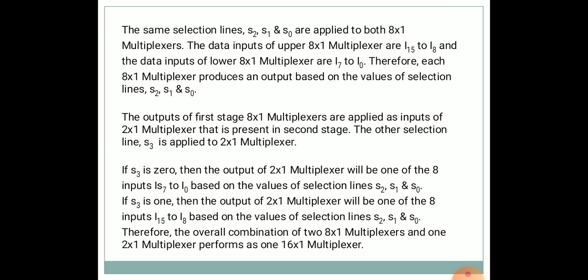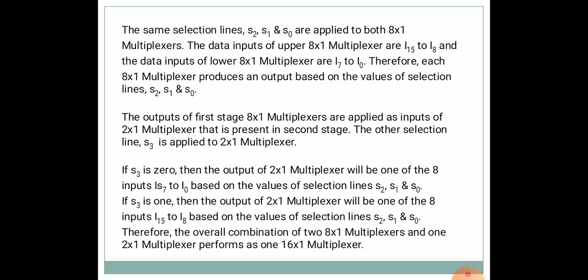If S3 is 0, then the output of the 2x1 multiplexer will be one of the 8 inputs from I0 to I7 based on the values of selection lines S2, S1 and S0. If S3 is 1, then the output of the 2x1 multiplexer will be one of the 8 inputs ranging from I8 to I15, also based on the selection lines S2, S1 and S0.